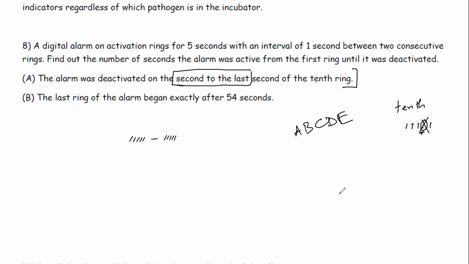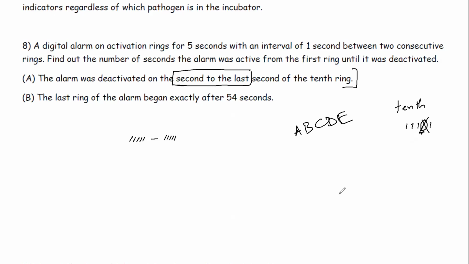Correct? Now suppose you say the alarm was deactivated on the last second of the ring. Correct? So just for the sake of understanding, if you say it was deactivated on the last second of the 10th ring, right? Did you hear the last second ringing? Like it rings for 5 seconds. So did you hear it for the fifth second? No, because you deactivated on the last second.